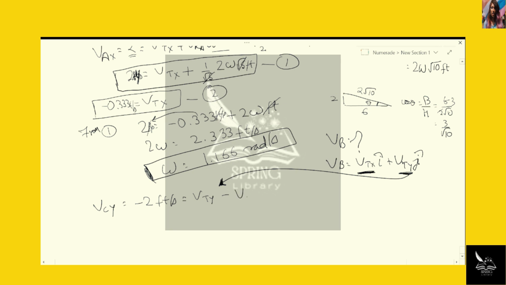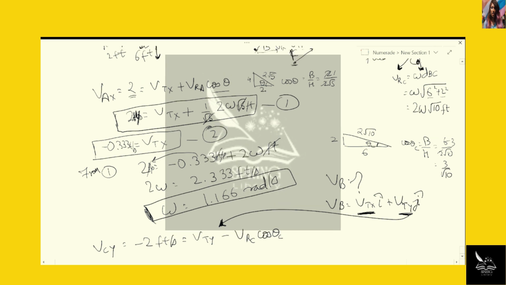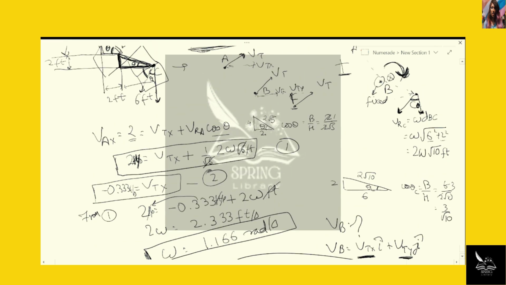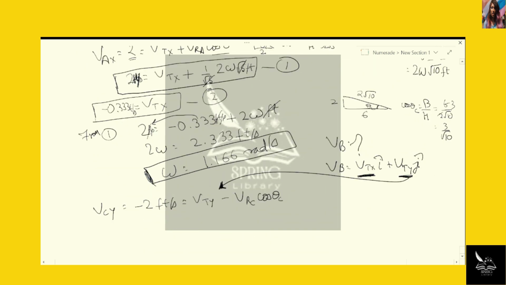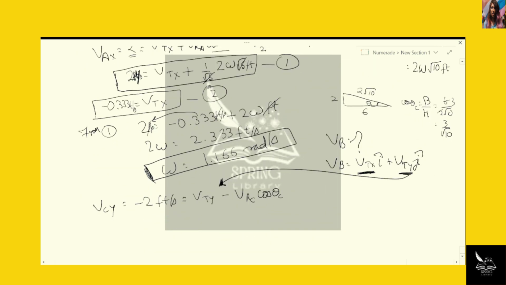So this is going to be VR at C cosine theta, where the theta is some other angle. So maybe let's call it theta C so that you don't get confused. So theta C, and at this point also theta C. Okay, right. Everywhere we have noted it.